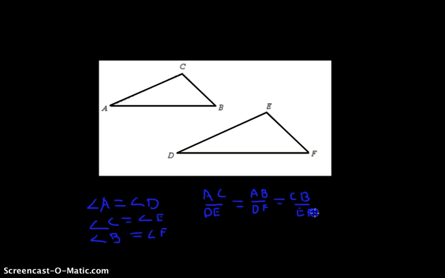So basically, if two triangles are similar, then the ratios of the sides, this over this, this over this, and this over this, are all going to be equal.